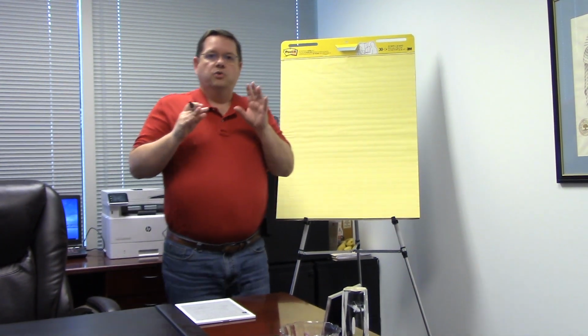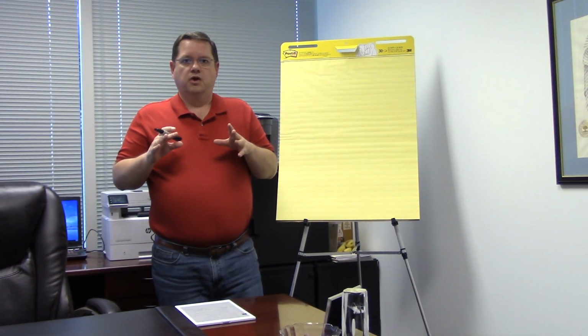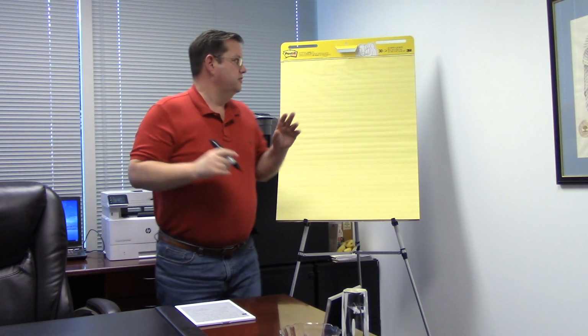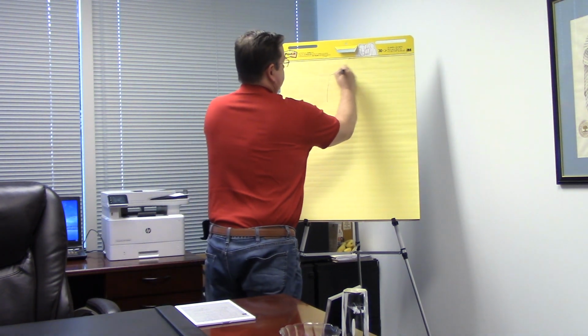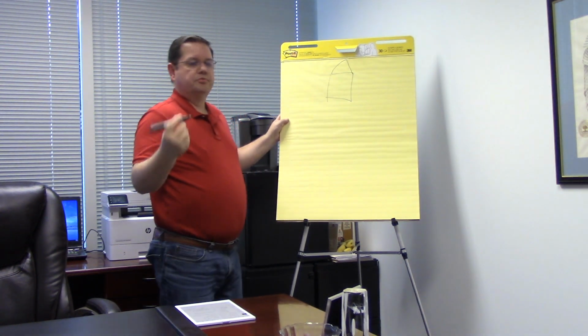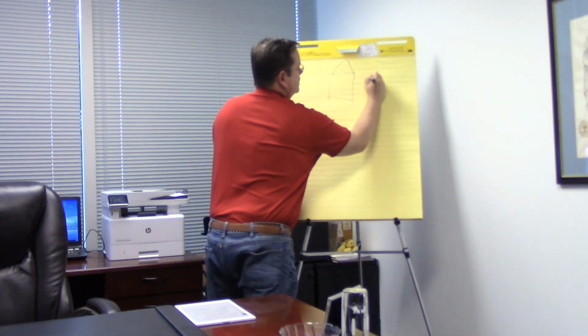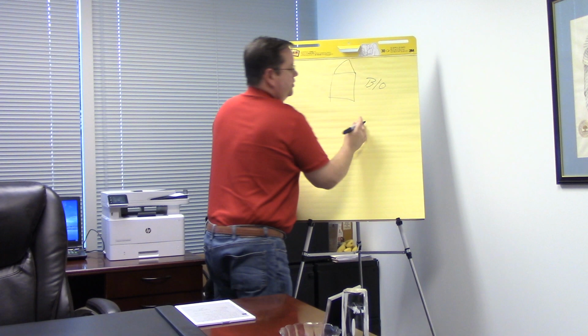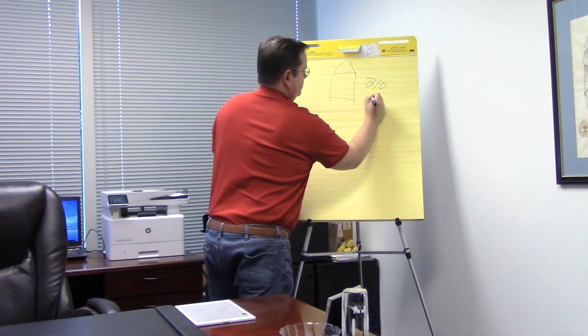Okay, so cost segregation is where we take a building and let's just assume here's your building. And we're going to break out the components of the building.